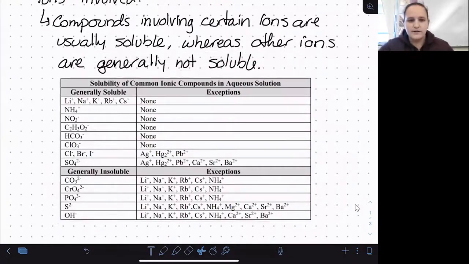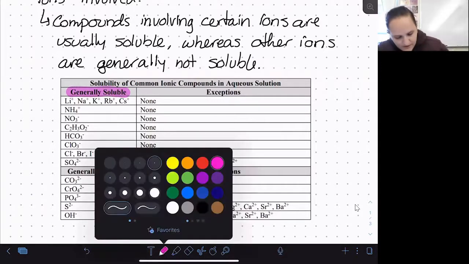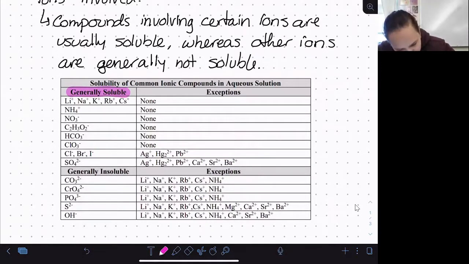There are certainly others. There are a lot more ions in the world than just these, but these are some of the most common ones that you'll encounter. This is more than enough for you to get a sense of what these trends generally look like. Note that the top half is things that are generally soluble, things that can dissolve, and this is specifically talking about in water.